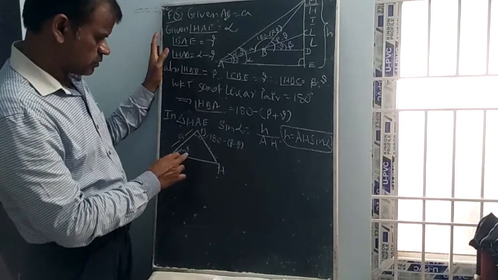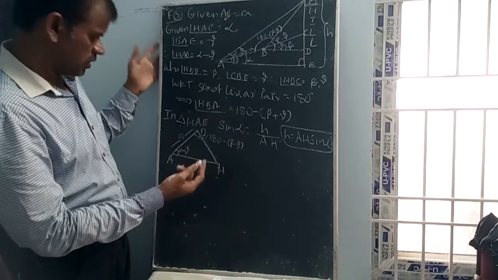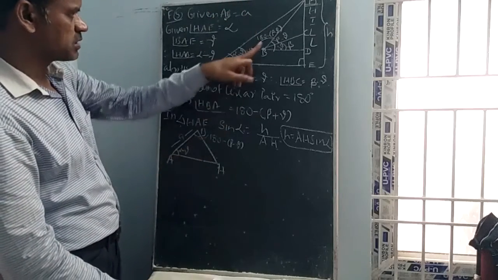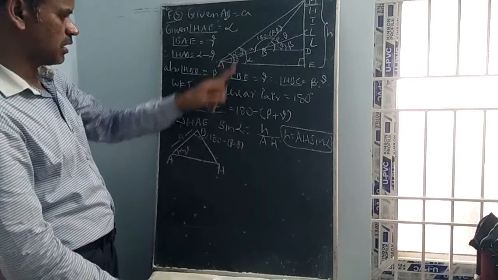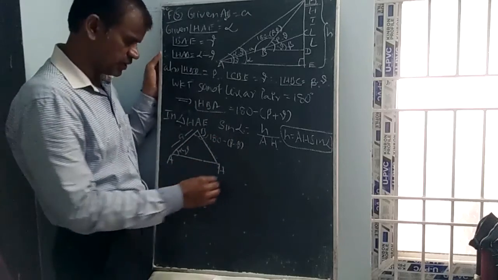HB, he did not give. At B, we got 180 minus of beta minus gamma, and at A, alpha minus gamma. At H, we also need to calculate.